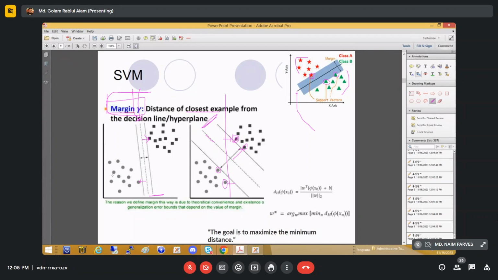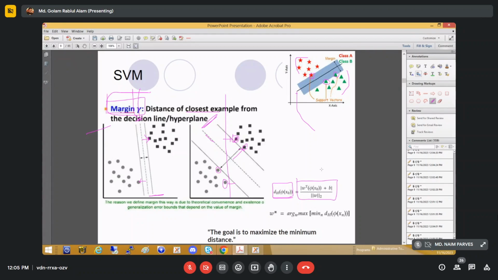Now, we have already seen that this is our distance function, and it is equivalent to this: W transpose phi of X plus B. Why we use phi, I will explain later.